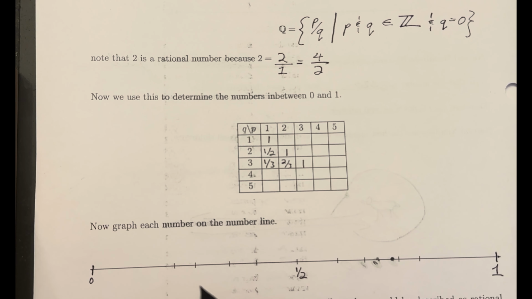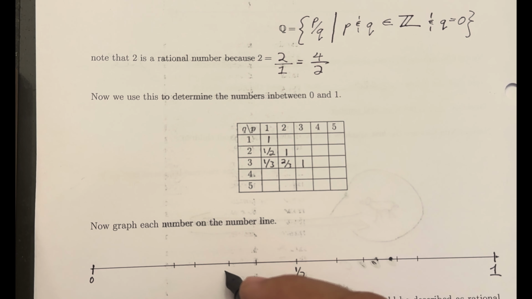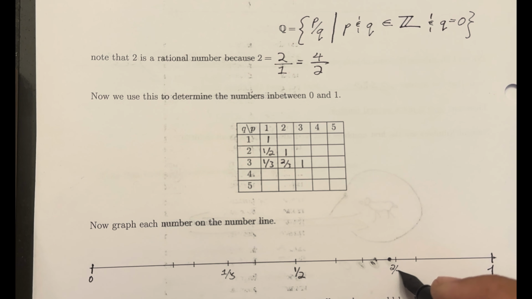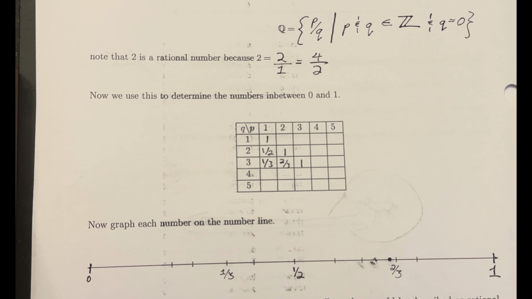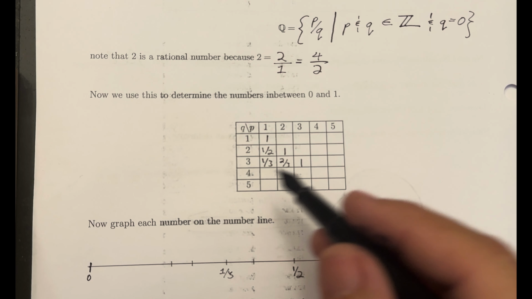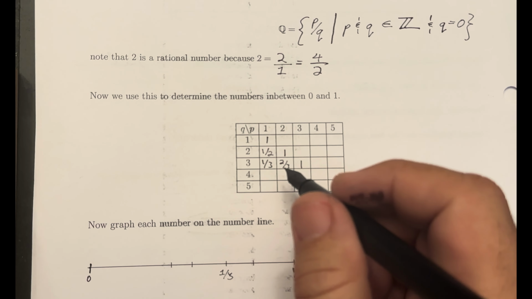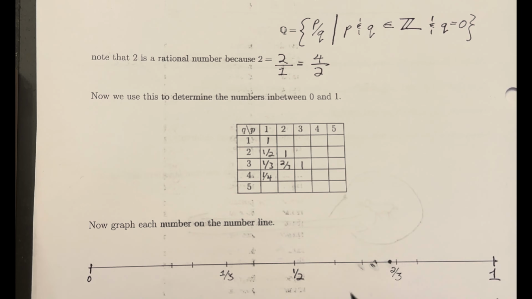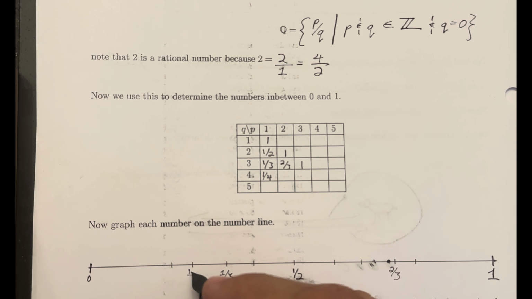And 1/3 goes about right here. And 2/3 goes right there. Moving on, we go here, 1 over 4, right, 0.25, a quarter. And so 1/4 is right here.